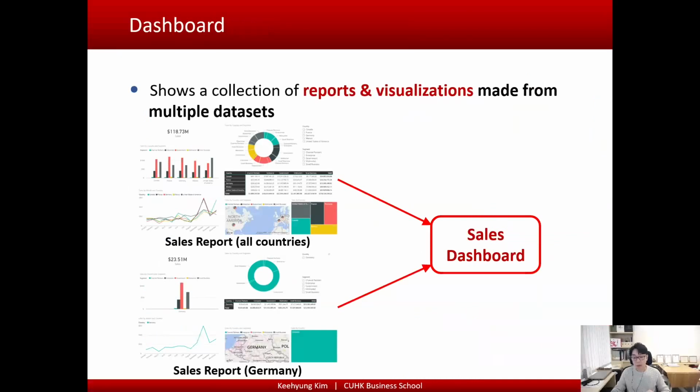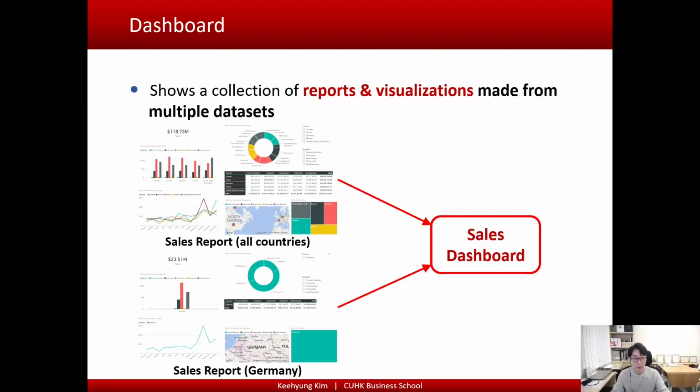And there's also the dashboard option. From one data set, you can create multiple visualizations and put them in one report. So each report will contain multiple visualizations from one data set. And you are able to add some visualizations from a report into a dashboard. In a dashboard, you are able to put visualizations created from different data sets.